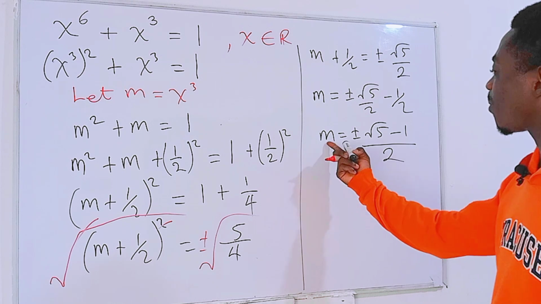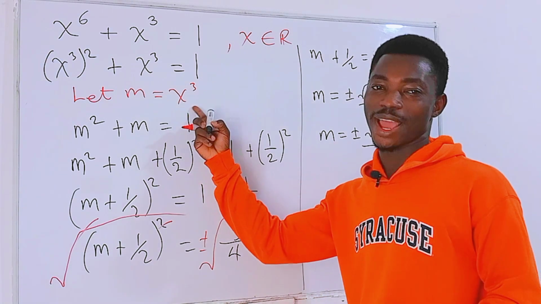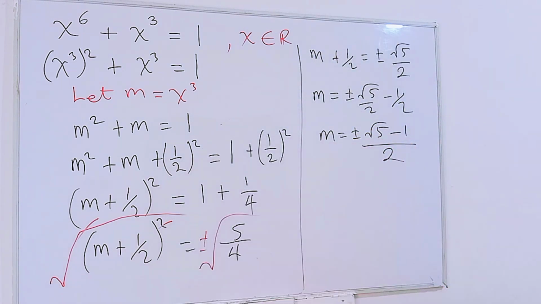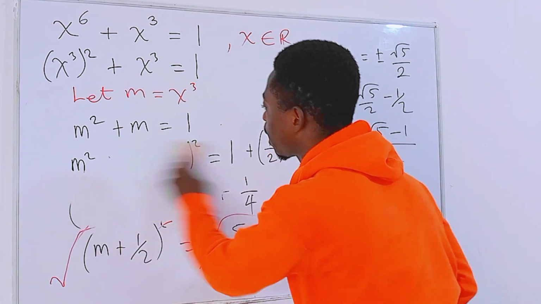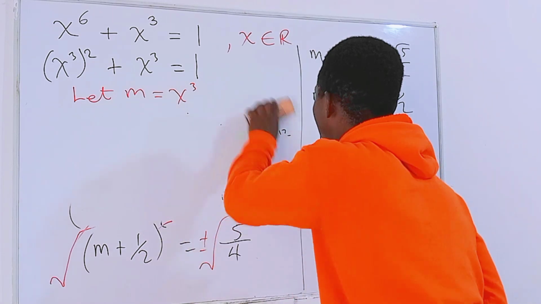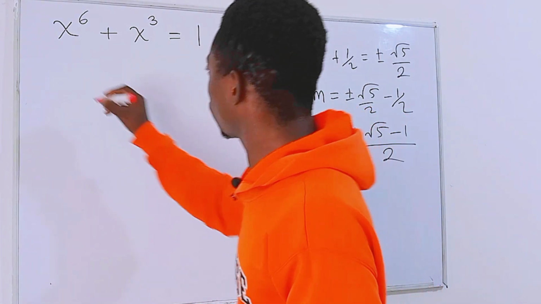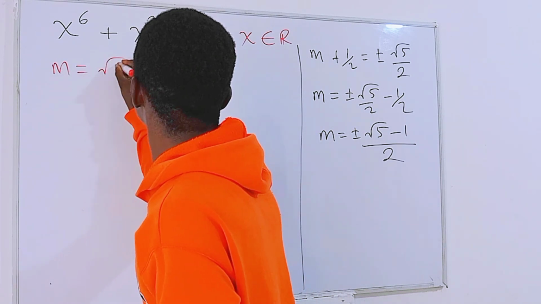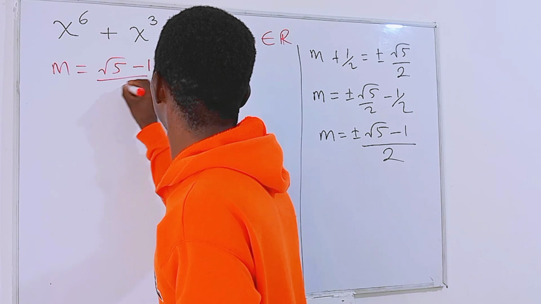Now that we know the value of m, we can find what we are looking for, that is x. I'm going to get rid of everything right here so that we will find x. We have two values for m. The first one is m is equal to square root of 5 minus 1 all divided by 2.